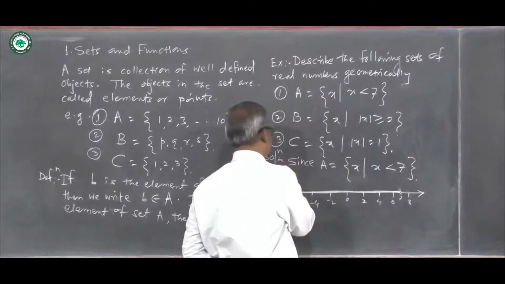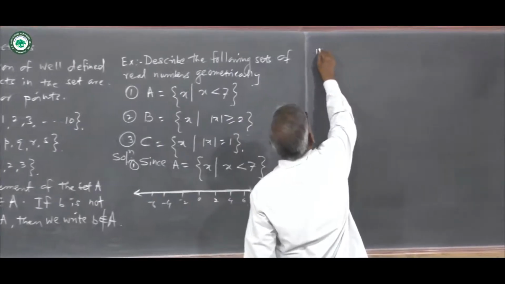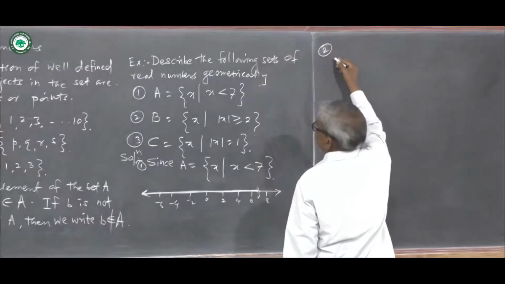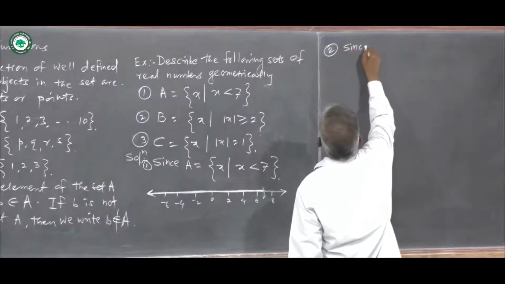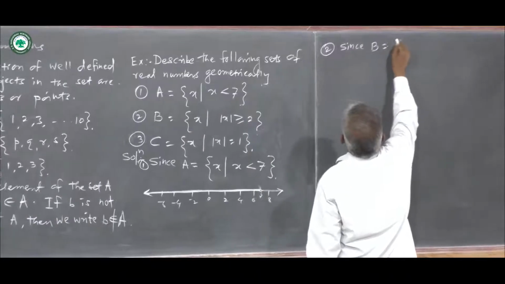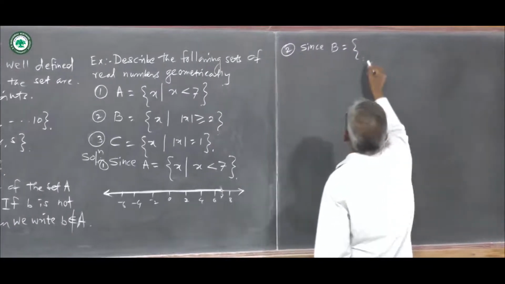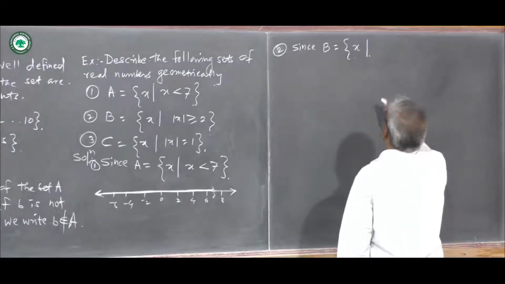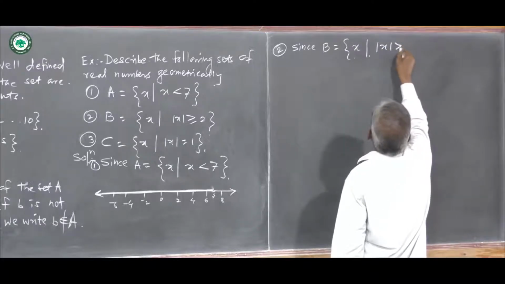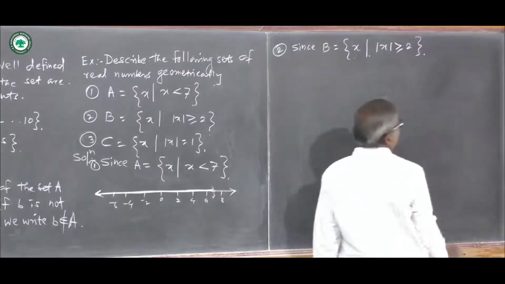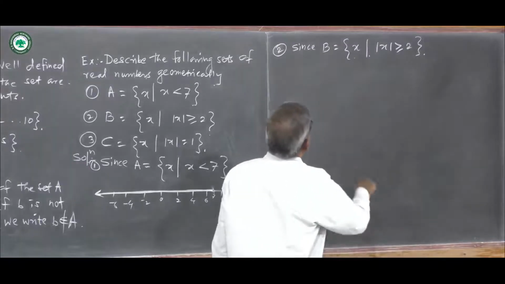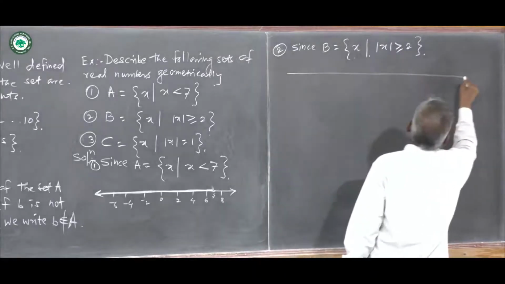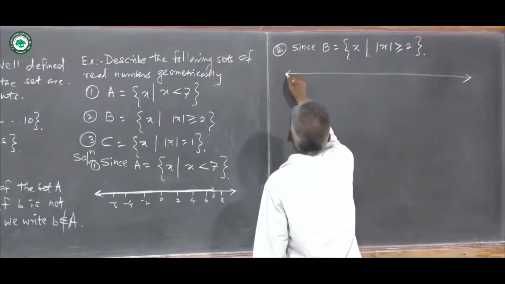Second one. Since capital B is the set of all x such that mod x is greater than or equal to 2. The elements of this set capital B are on the real line.